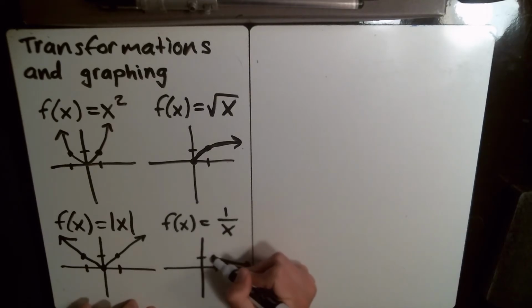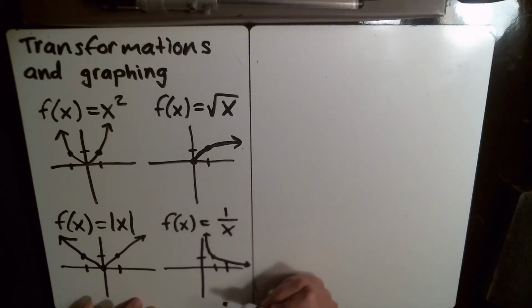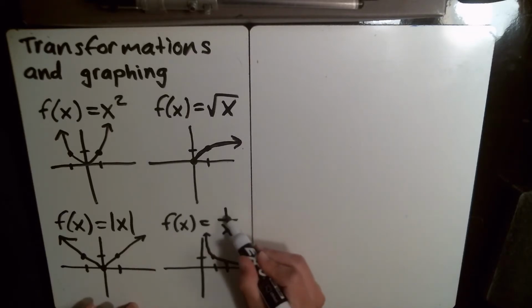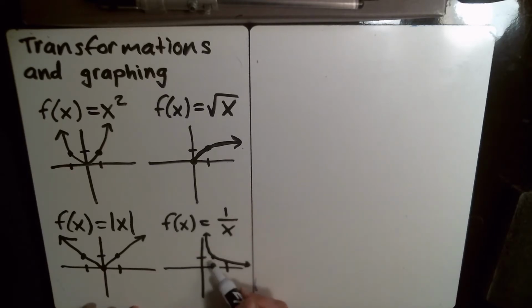As you get really close to 0, it shoots up, right? Because as you plug in like a half, 1 divided by a half is 2. 1 divided by 1/3 is 3, and so on. So it gets really steep there. And then it looks kind of the same way over here. At -1, it's at -1, right? And this is kind of what your 1 over x graph looks like, okay?